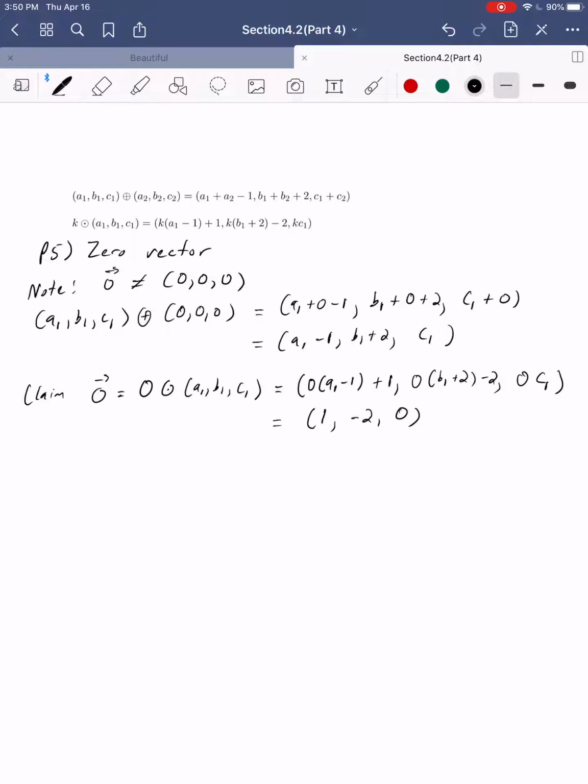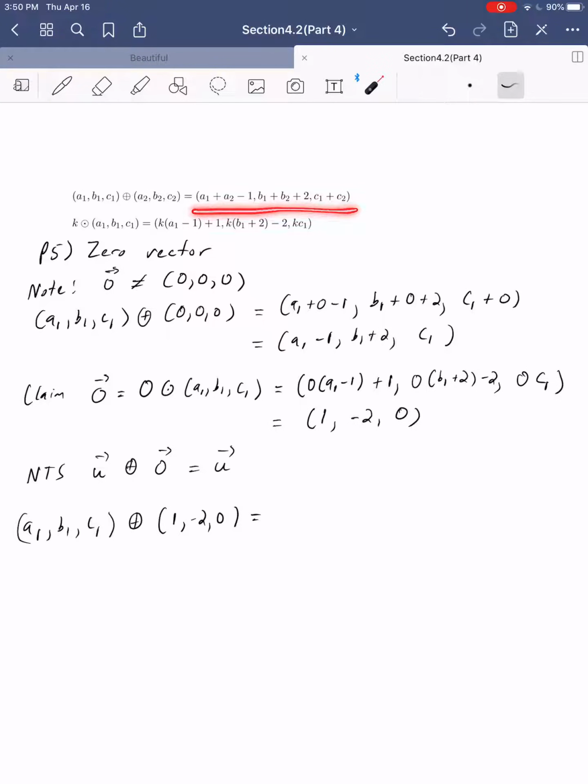Okay, so now we need to show that u plus that 0 equals u. So for any vector u, if we add it to the zero vector, then we're going to get our original vector. So let's check that. So A1, B1, C1 plus this zero vector, 1, negative 2, 0. What do we actually get?